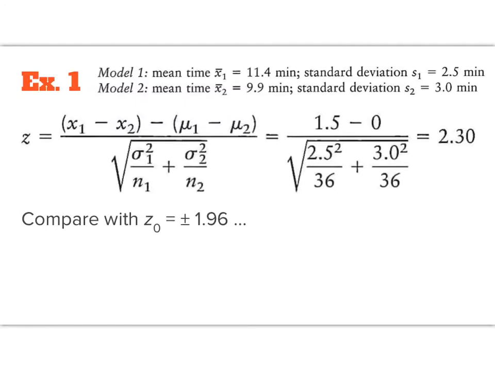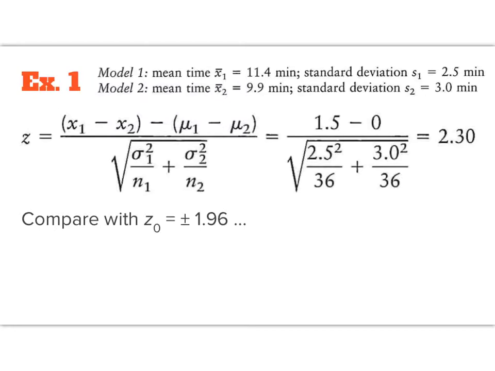Well, as it turns out, that z-score is 2.30. The difference between the sample means, 11.4 minus 9.9, is 1.5. We're assuming no difference between mu1 and mu2, so that's why we're subtracting 0 at the end of the numerator.